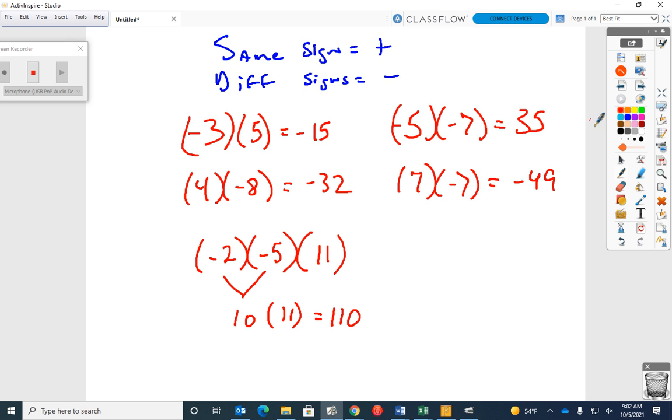Try this one. Negative 5 times 6 times negative 8. Try that one.